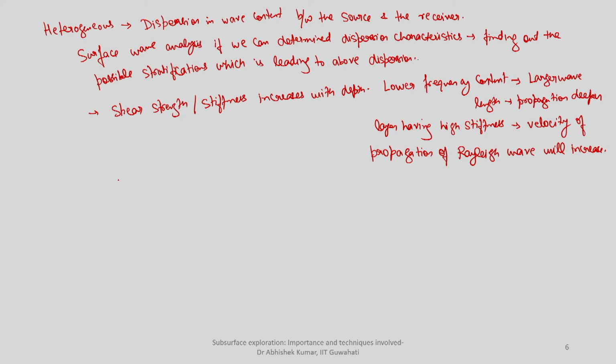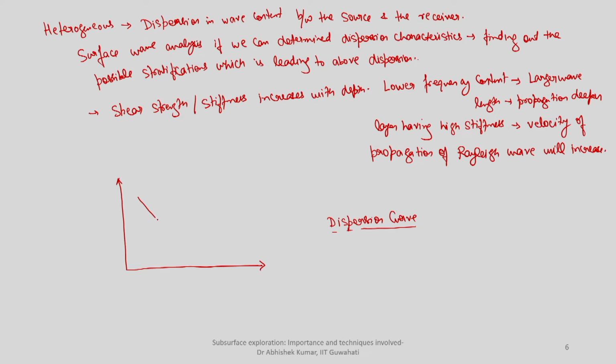So, if you plot this for a particular medium, when we go for collective understanding of dispersion, we call it a dispersion curve, which is going to give you how the velocity of each frequency content has been governed by the particular stratification available at the site.